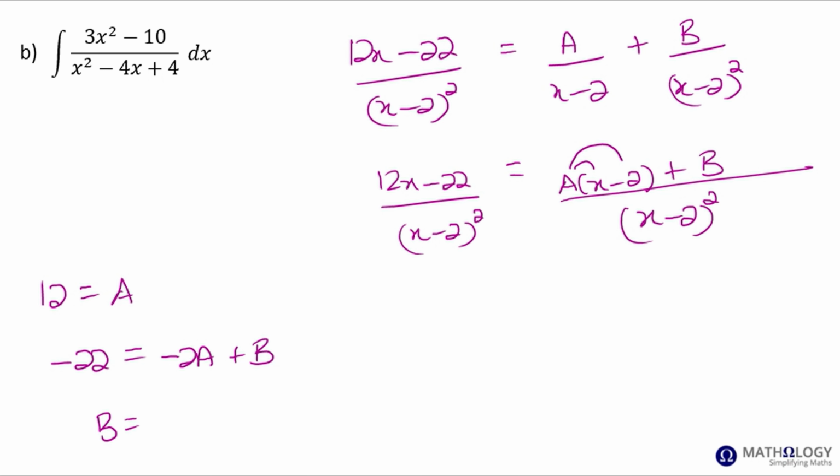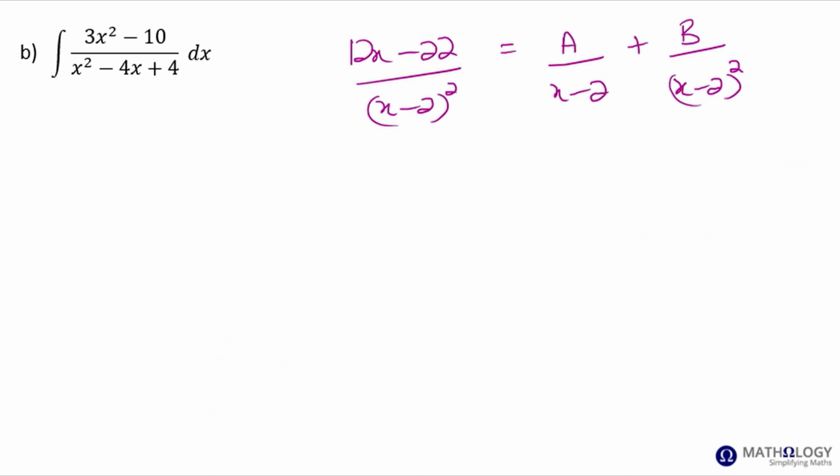So b equals 2a minus 22. A we know is 12, so it's 2 times 12 minus 22. B is 24 minus 22, which is 2. So this will be 12 over x minus 2 plus 2 over x minus 2 all squared.